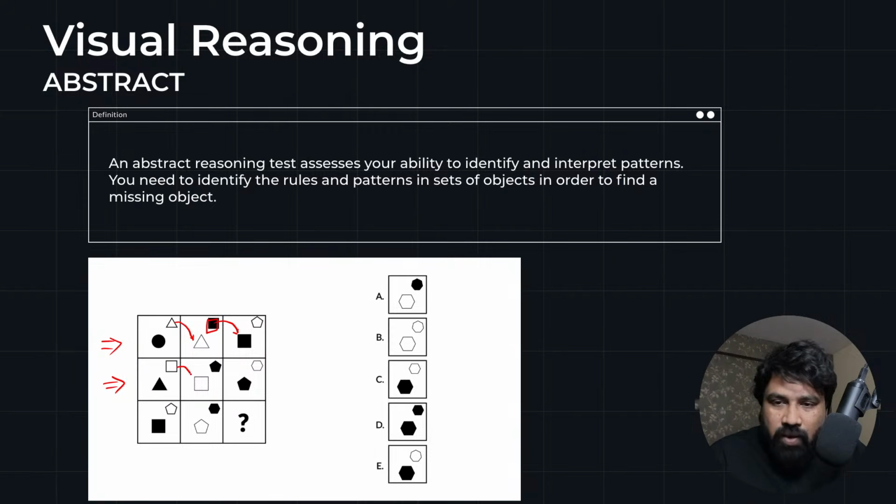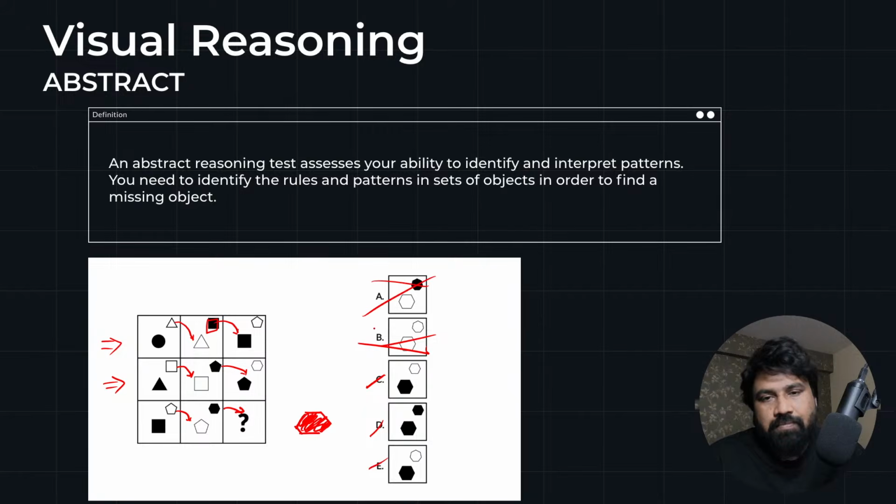So similarly, square went to center and pentagon went to center. Next pentagon, next hexagon will go to the center. Hexagon means which is having 6 sides, and in this it is shaded. So a 6-sided shaded figure is option C, D, E. So I can eliminate them.